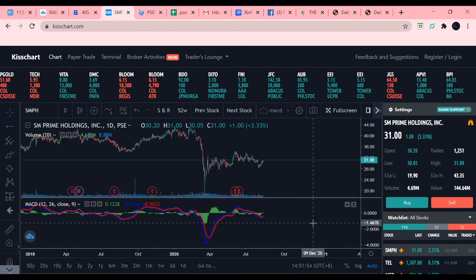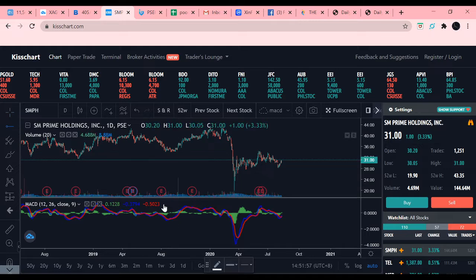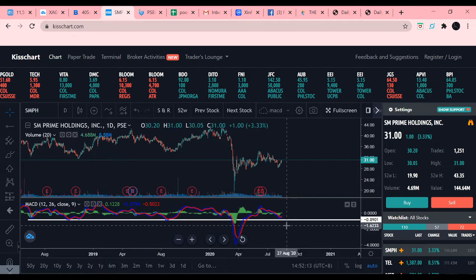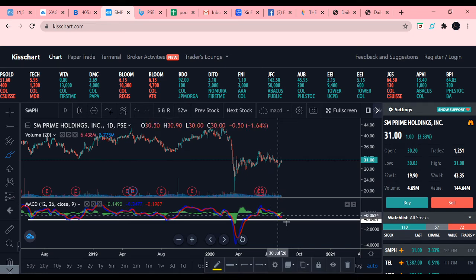Halos na may crossovers din. Crossover. And let's see. Hindi, ito. Ito yung kanyang medyo mas mataas pa ng konti. Ayun. Yan yung kanyang support area. And then nakita nyo, nagkaroon din siya ng crossover sa support na yan.